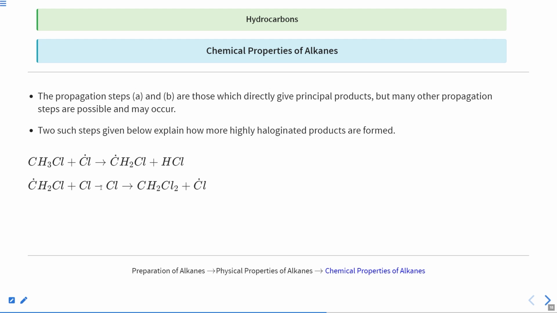This radical takes up the chlorine, that results in CH2Cl2 and a Cl radical. So here we have the formation of a dihalogenated compound, because the CH3Cl that was initially formed is again cleaved further to CH2Cl dot, which is again reacting with a chlorine molecule, resulting in CH2Cl2.